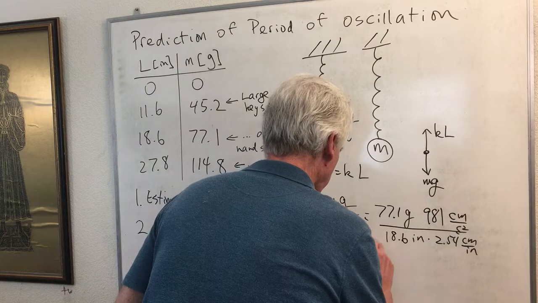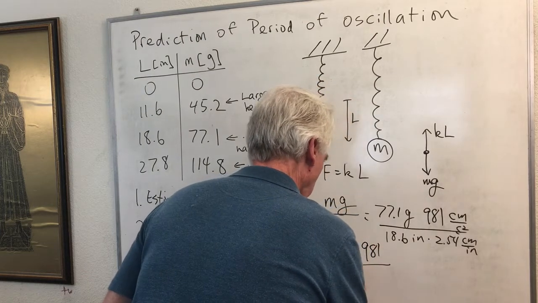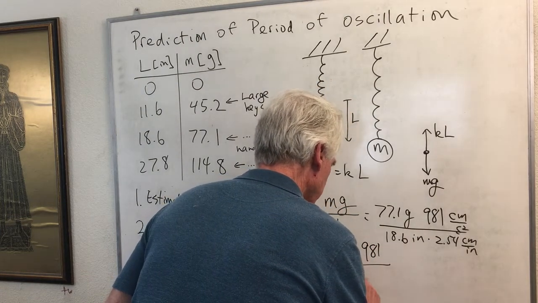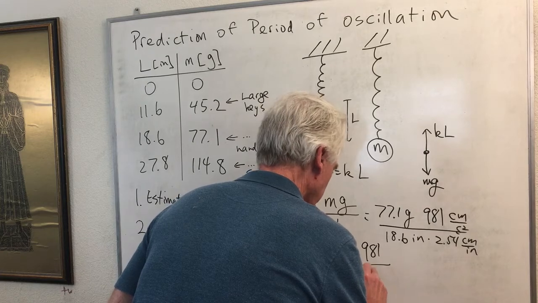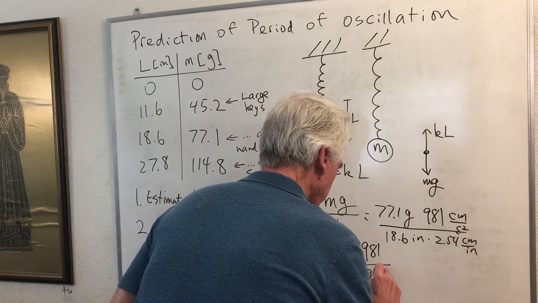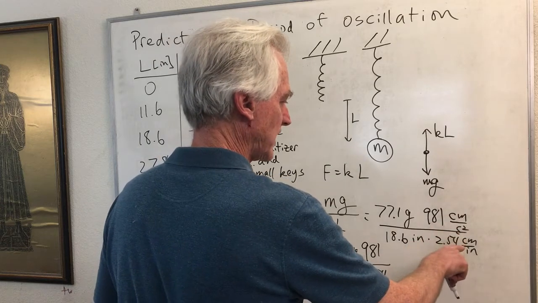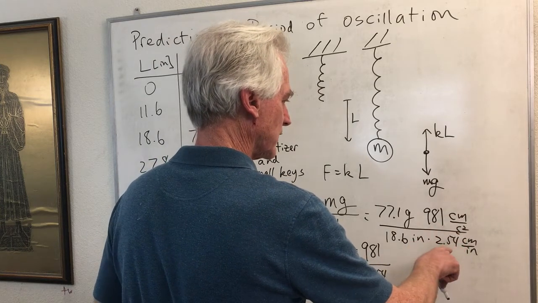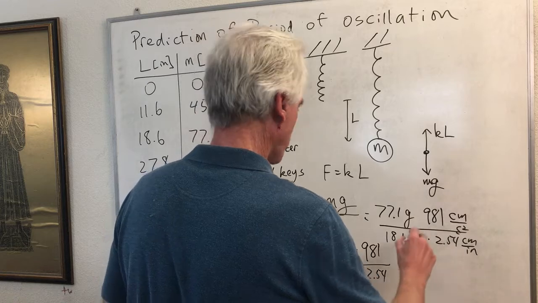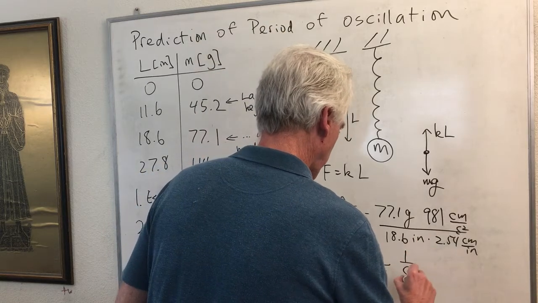Okay. Times 981 over 18.6 times, with the star, 2.54. And then what are the units? The centimeters cancel, the inches cancel, and I get 1 over seconds squared.